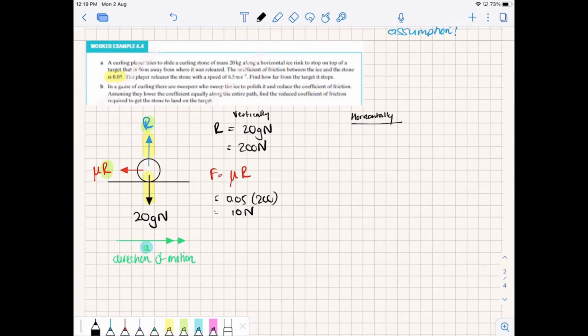So only the horizontal forces here are going to affect our acceleration, although that's what we are assuming. So the only force that I have in this direction is, what is the force going to be, Claire?